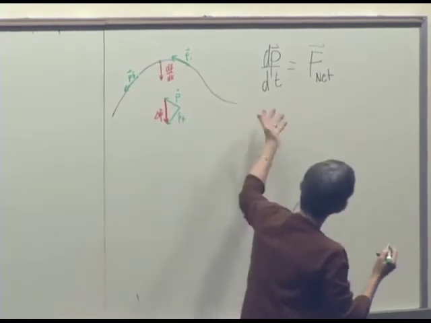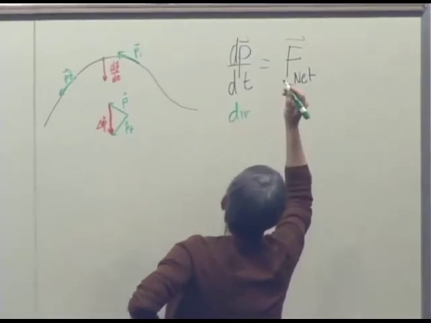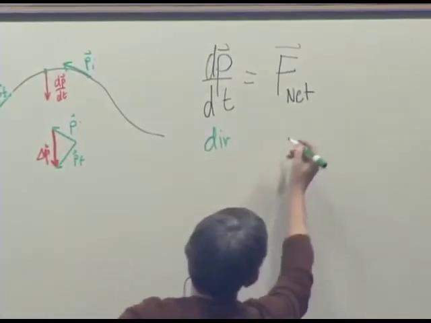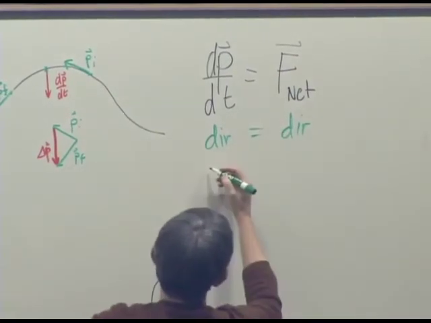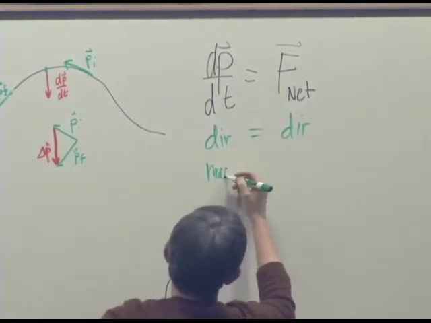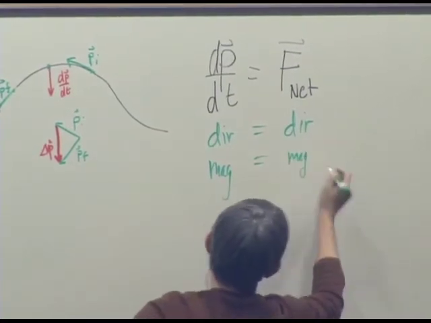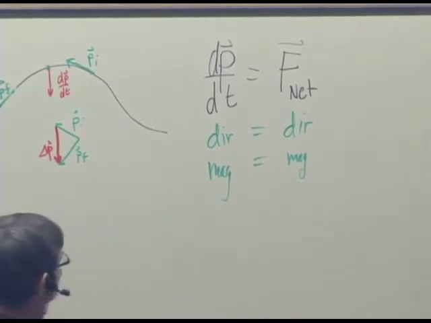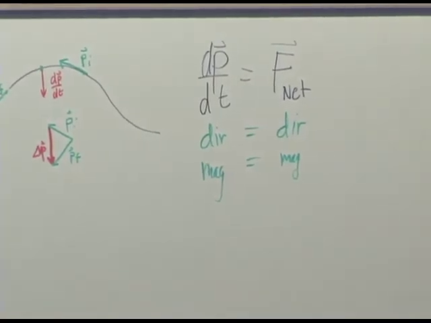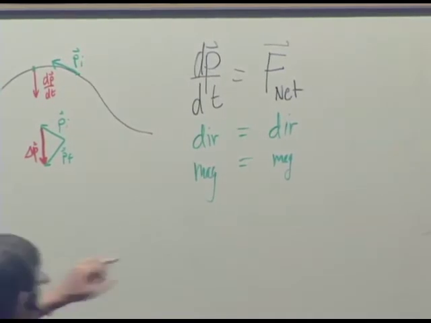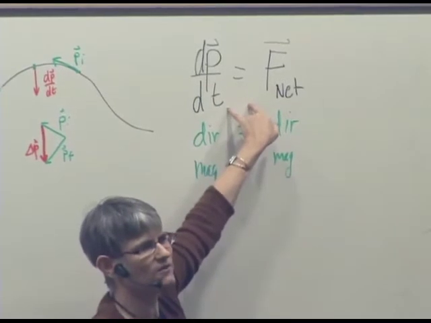Because it's a vector equation, the direction of the rate of change of momentum is going to be equal to the direction of the net force acting on a system, and the magnitude of dp/dt is going to be equal to the magnitude of F net. But these two quantities on the two sides of this equation are not the same thing. This equation doesn't say these two things are the same thing. It's really a cause and effect equation.